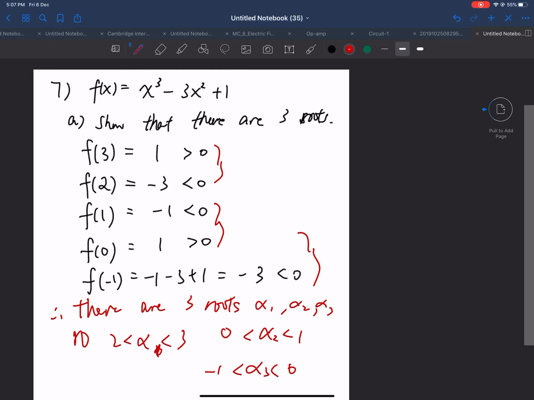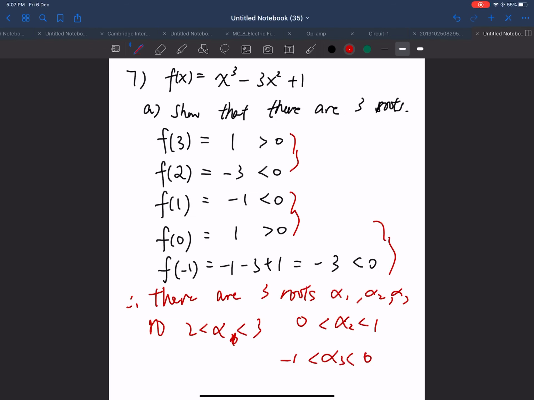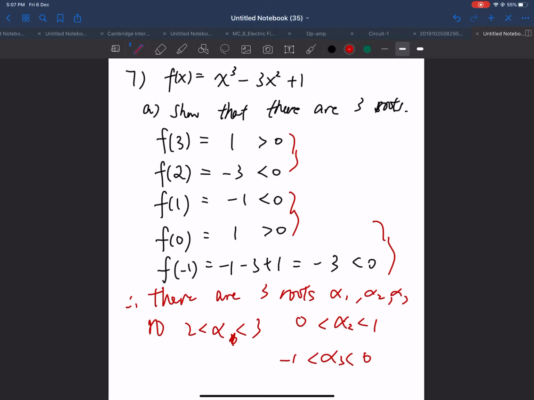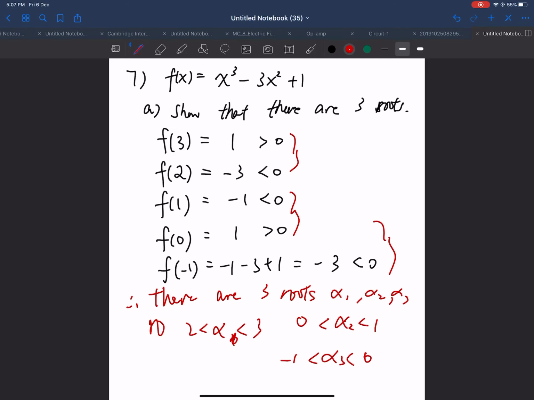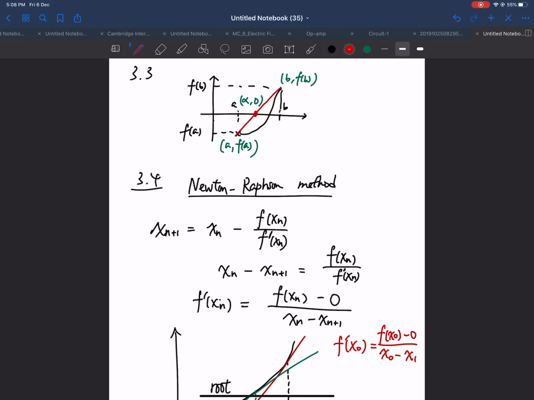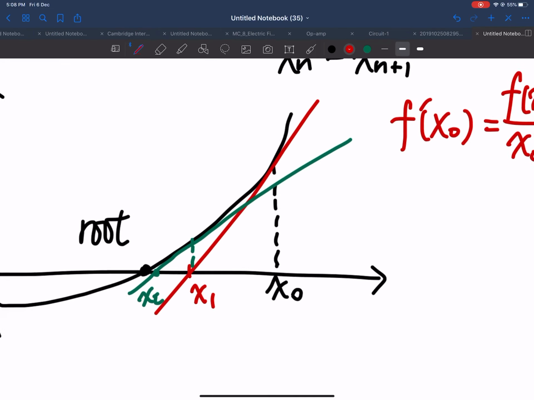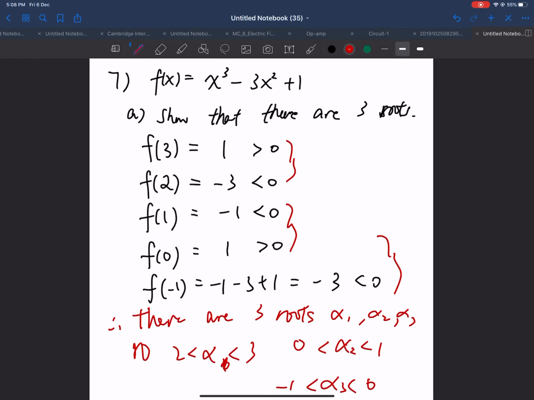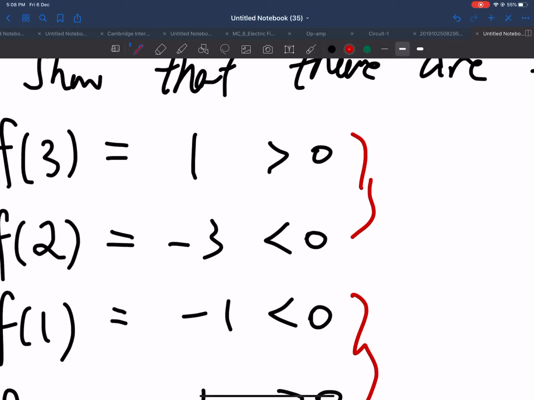Next part, use the Newton method to find the 3 roots. Diamond question. To start with, you need to choose an x0. That means the point where you start first. To be more accurate, I think you should choose 2.5.